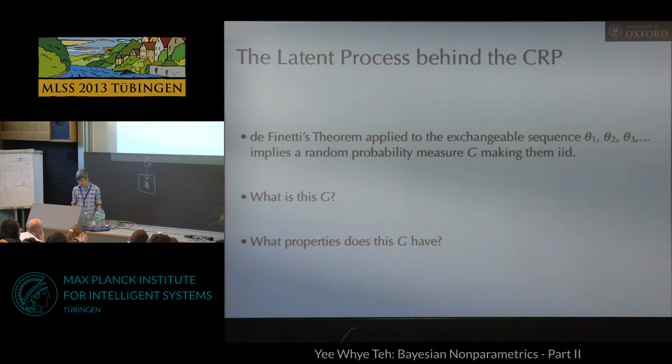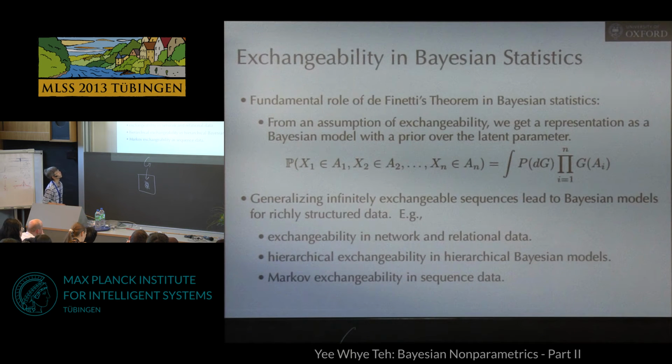Before I move on to that, I'd like to say a few words about exchangeability. This idea of exchangeability and de Finetti's theorem is very important. It plays a fundamental role in the philosophy of Bayesian statistics. The reason is that we are making a pretty innocuous assumption, that our data set is exchangeable. We don't care how it's ordered.